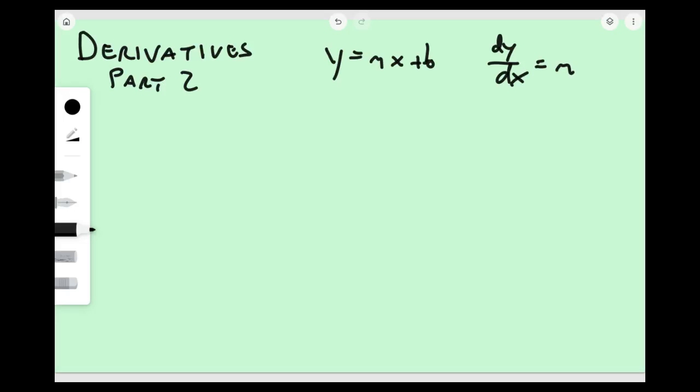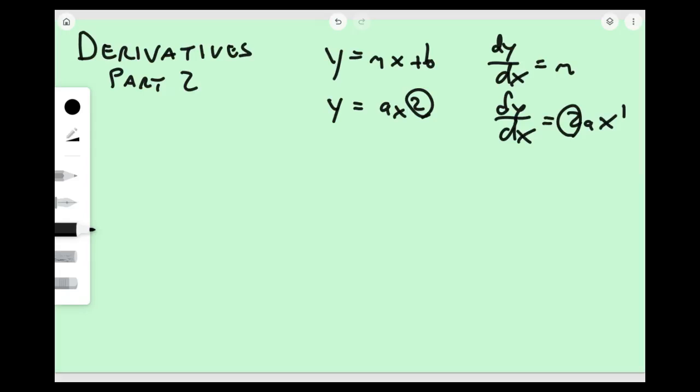Now, if we had another function, another polynomial, maybe we had y equals ax squared, that derivative is dy dx equals 2ax. So what happened was that exponent 2 came out in front, and then instead of x squared here, we actually have x to the first power.